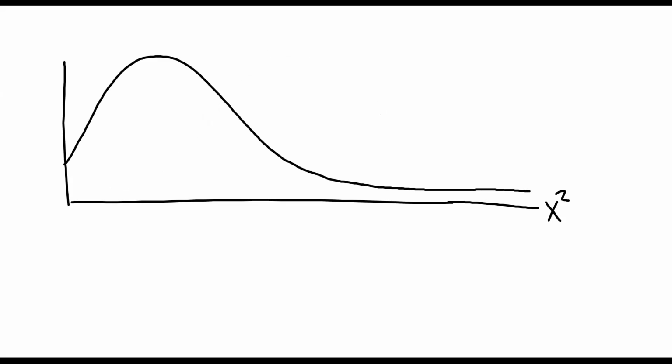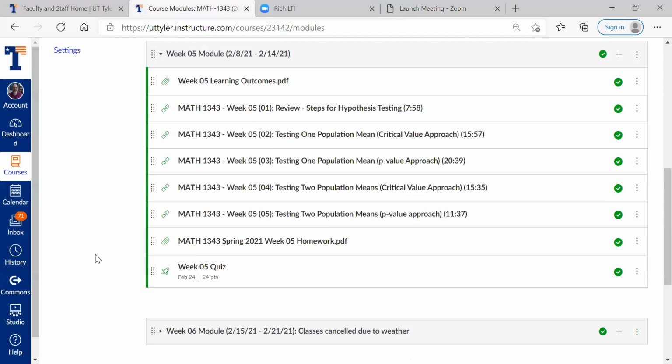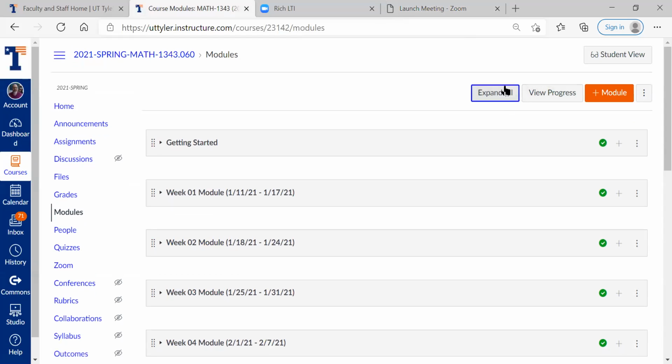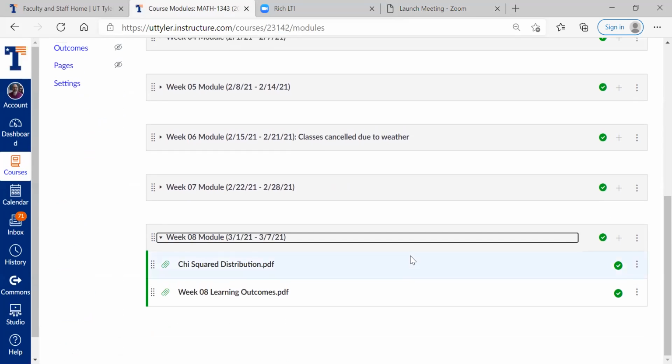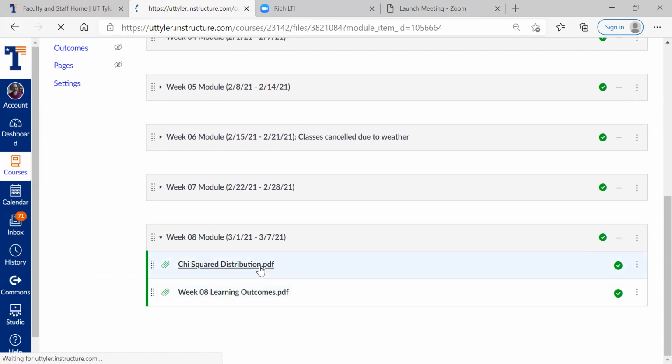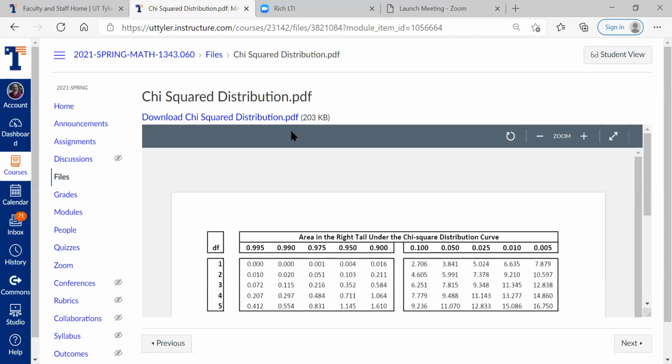I went ahead and created the week 8 module, and there are two things in it currently: the chi-squared distribution PDF and the week 8 learning outcomes. If we go to the chi-squared distribution PDF, download it and open it in its own tab.